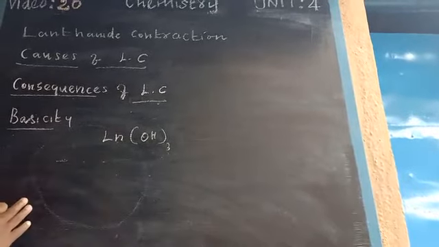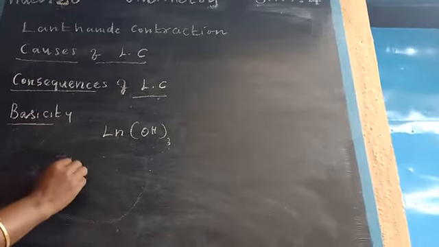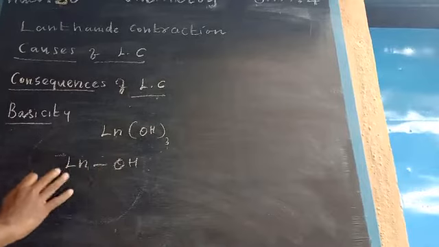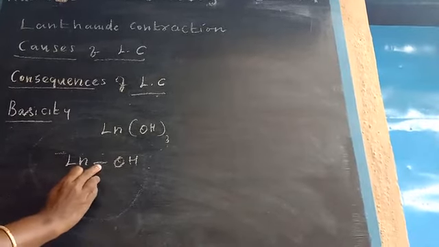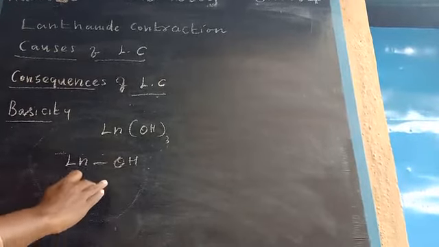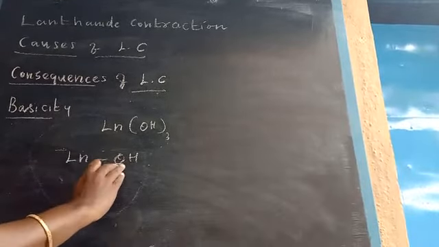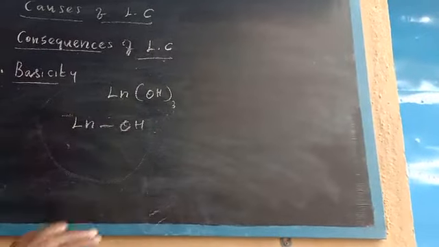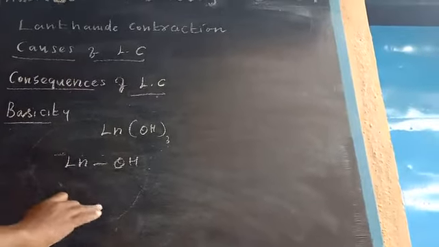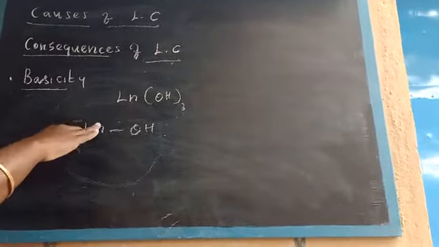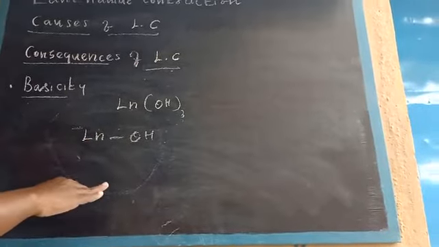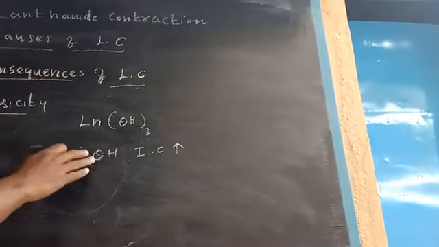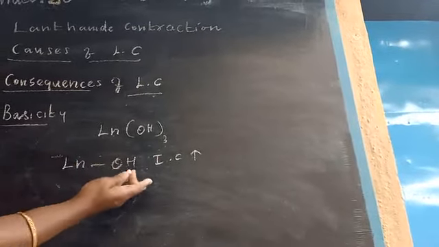So for Ln(OH)3, take the Ln-OH bond as an example. If the ionic character is more, it means the OH- ion is easily removed from this Ln3+. That denotes the ionic character is more, which means the basicity is high, a strong base.